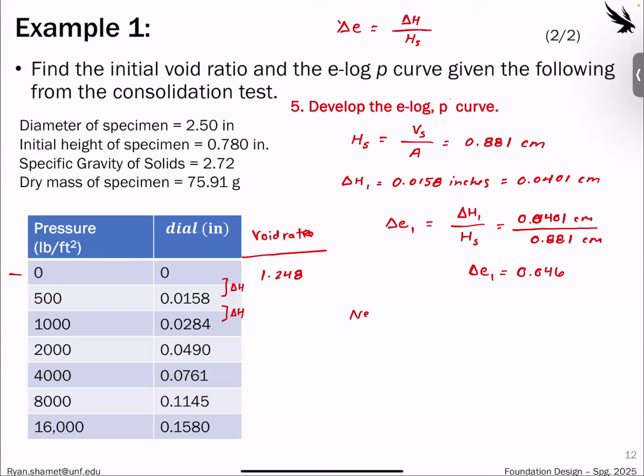So our new void ratio at load increment number 1, we call this e subscript 1. This is equal to e0, the initial, minus the change in the void ratio from 0 to 1.